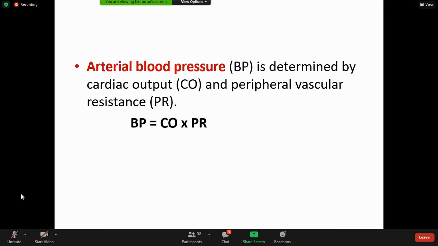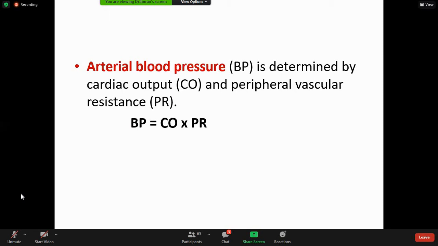And you know that when the contractility of the heart is increased, that will lead to increased cardiac output, right? And peripheral resistance, you know, if the vessels are normally dilated, it's a very important concept.